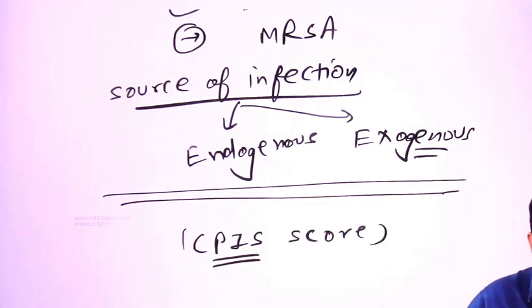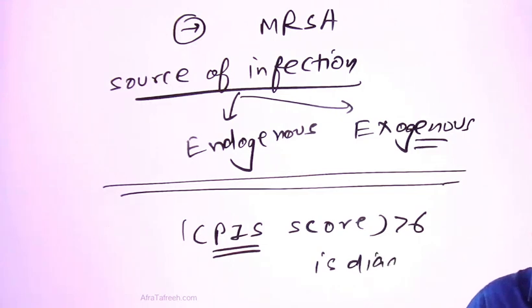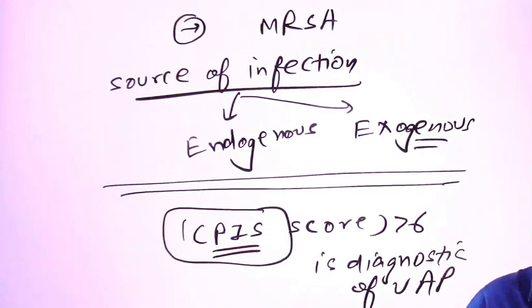As I've already told you, there is a score which I discussed in the LRTI section, termed the CPIS score. A CPIS score of more than 6 is diagnostic of VAP. So you also need to focus on this: we go for an infection score here, and that infection score is termed what? The CPIS score.